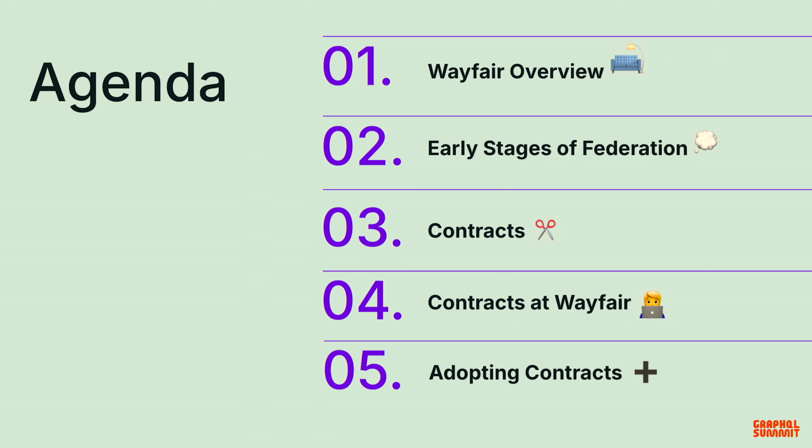Then we'll take a look at an overview of what contracts is and how we've set it up at Wayfair. And then lastly, we'll take a glimpse into how we've adopted it at Wayfair and how you can consider using contracts in your organization.